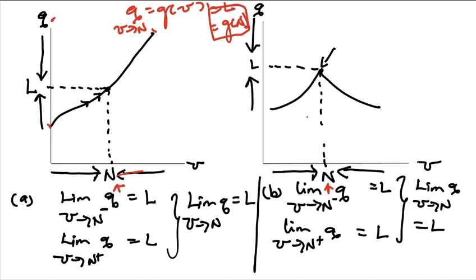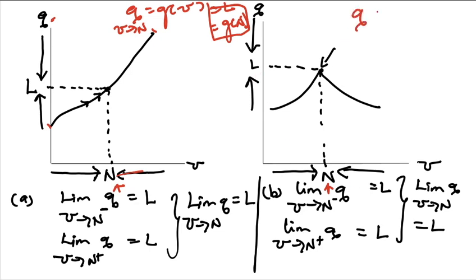But then, does q here have a limit? Yes, q has a limit as v approaches n from left and right, which is L. And this limit L is a function of n.